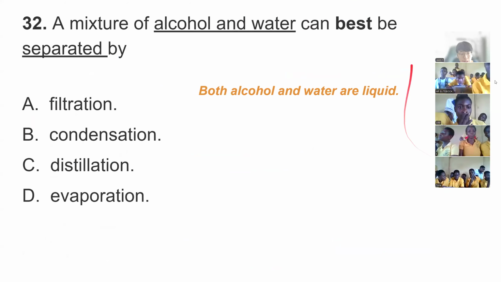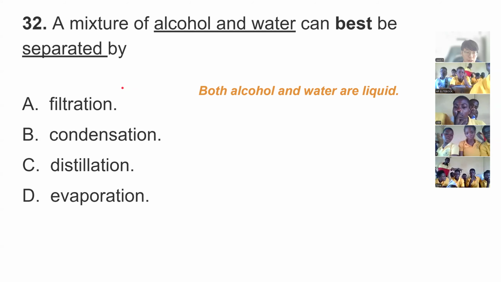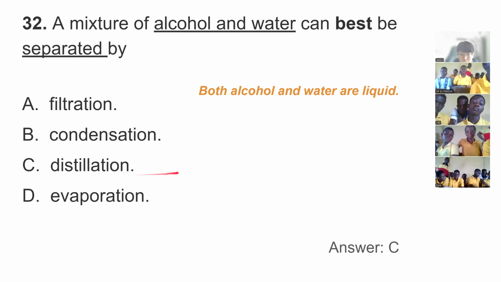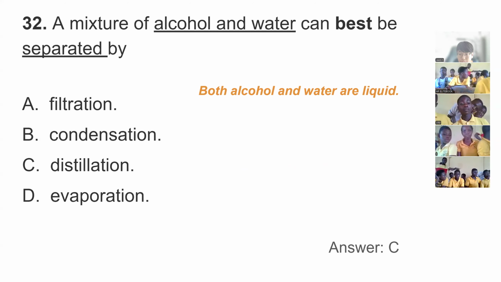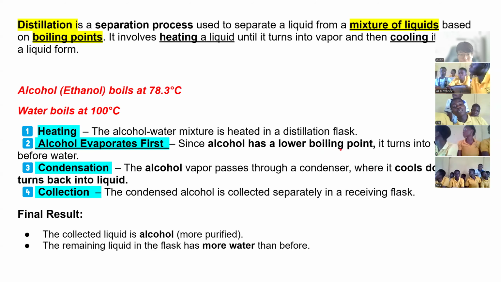Let's look at this next process of separation. A mixture of alcohol and water can best be separated by... the answer is actually C, distillation. So let's quickly look at what distillation is.